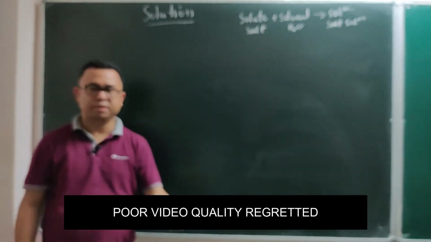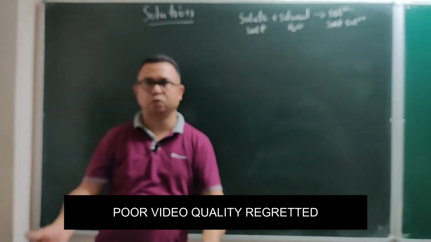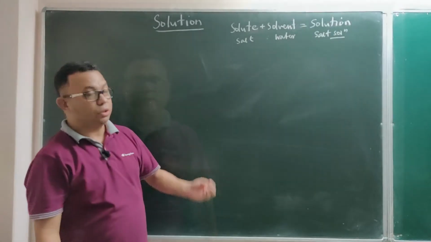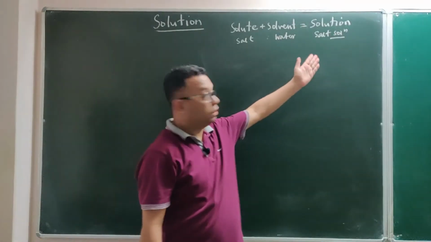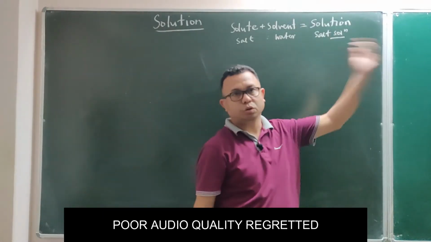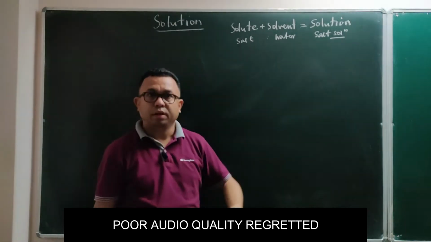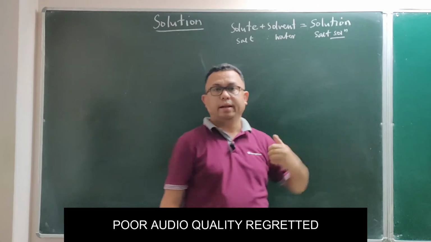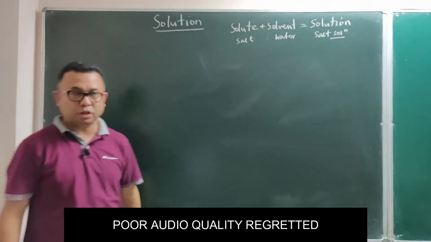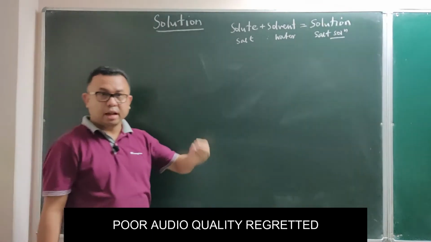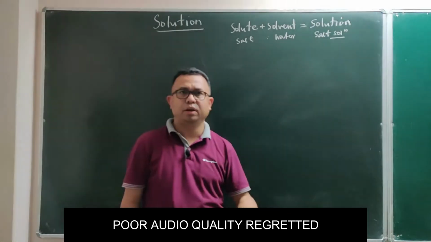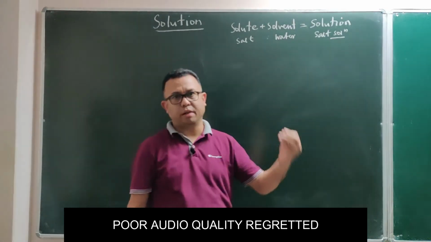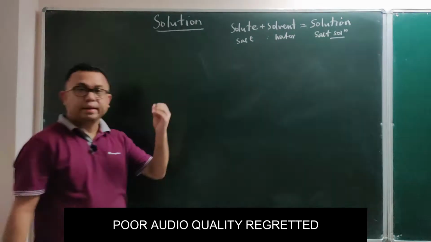So if one of them is taken as solute, the other one is taken as solvent. A solution can be in the form of a liquid like this. It can also be a gaseous solution, and it can also be a solid solution. That means your solution can be in all 3 states or all 3 phases. It can be in solid phase also, liquid phase also, gaseous phase also.